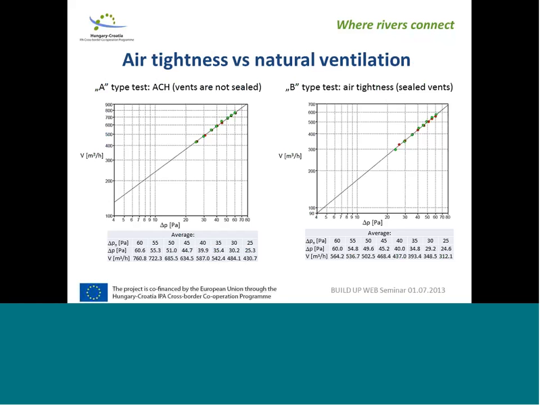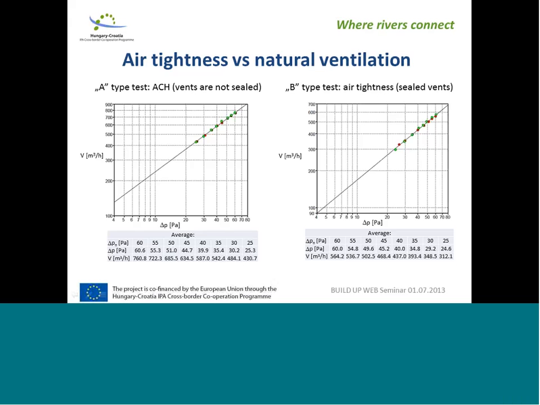When carrying out the airtightness test, we tested in both A-type test, that is the air change rate when the vents are not sealed, and we also performed the B-type test, which is the airtightness test when the vents are sealed.